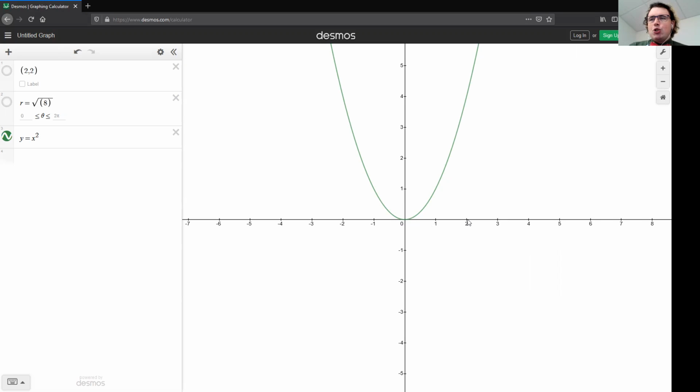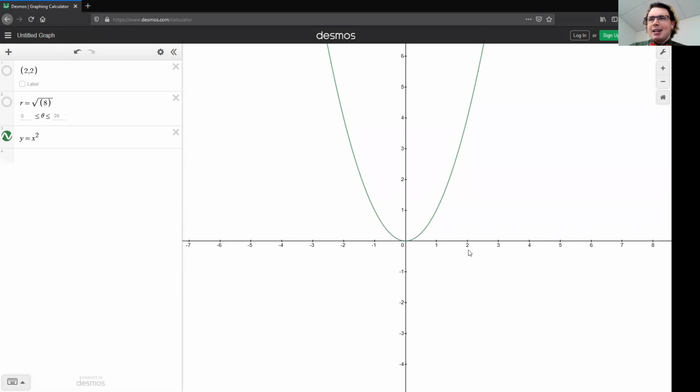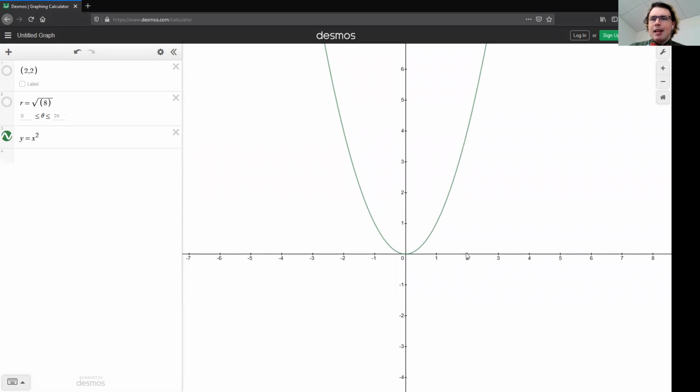So when I say y equals x squared, what I'm doing is I'm saying when we have gone 2 units along the x-axis, that was my x movement. Now I need to move in the y direction according to this formula. The square of 2 is 4, so I move up 4 in the y direction.